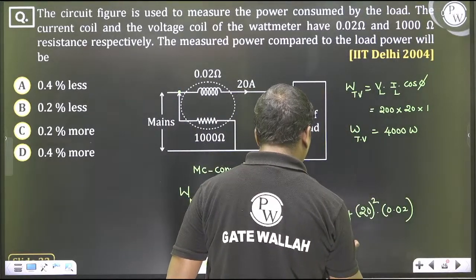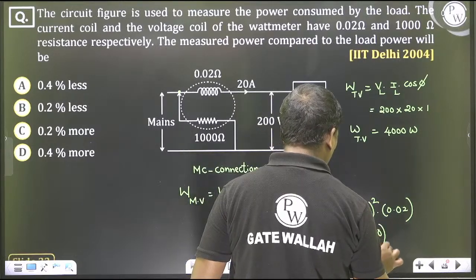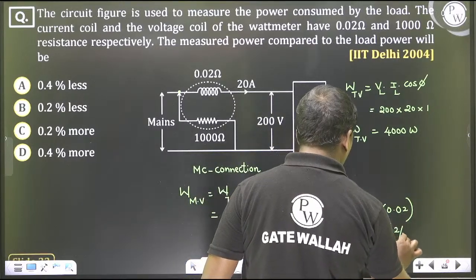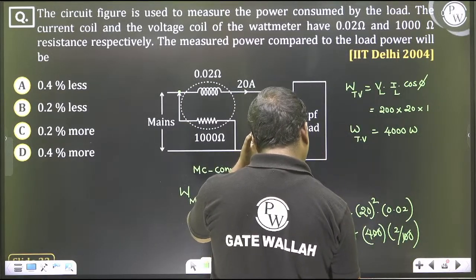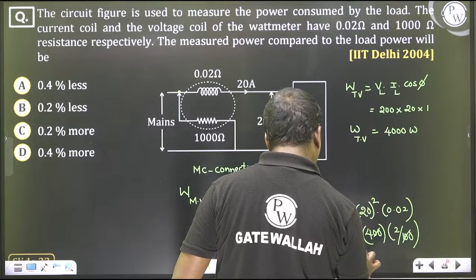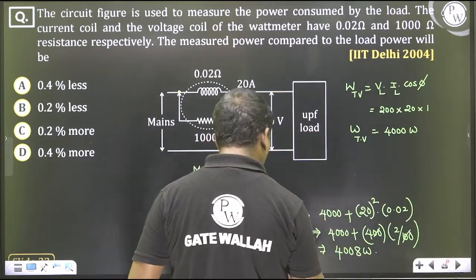So this is 4000 plus 400 into 2 by 100. So we are getting 4008 watts. So this is the measurement value.